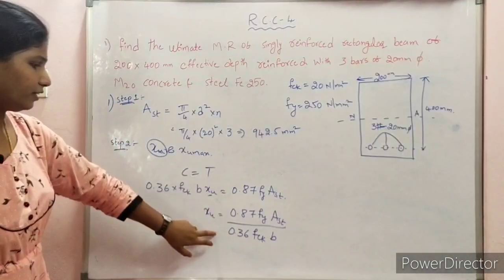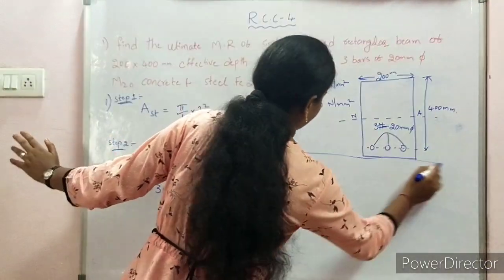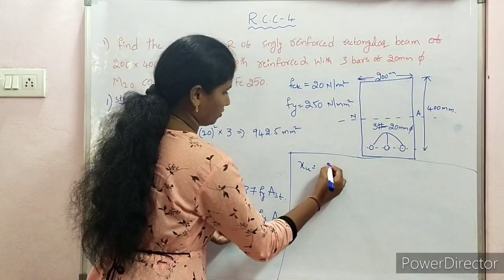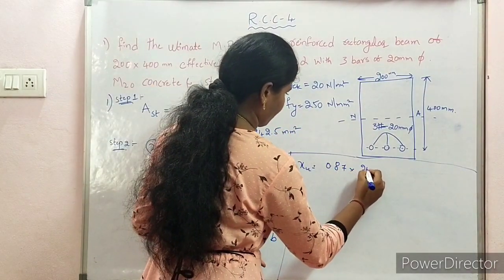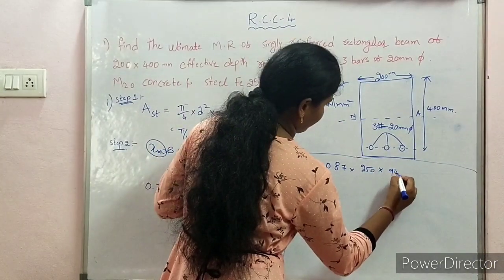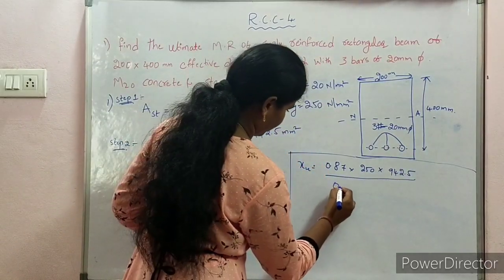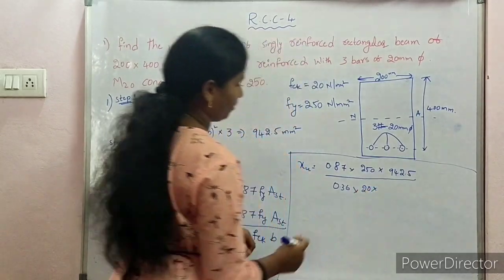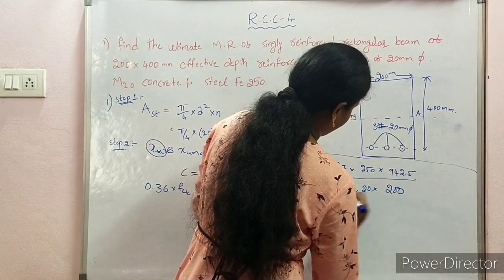Substituting the values, XU is equal to 0.87, FY is 250, AST is 942.5, divided by 0.36, FCK is 20, and B is the breadth of the beam, that is 200.